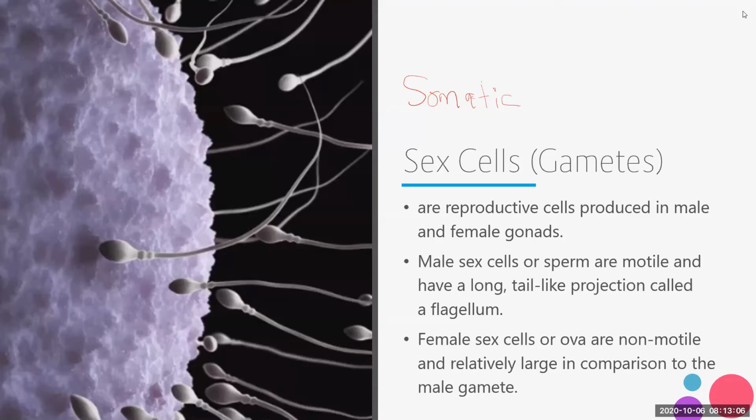So dapat 23 ang chromosome ng egg and 23 yung chromosome ng sperm. And that is why iba din yung division nila.